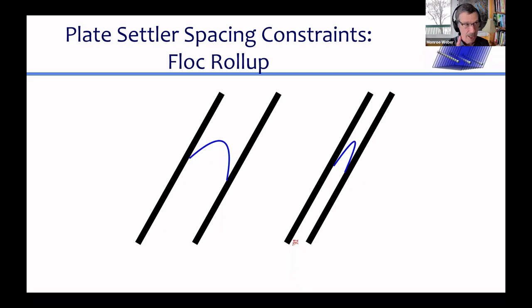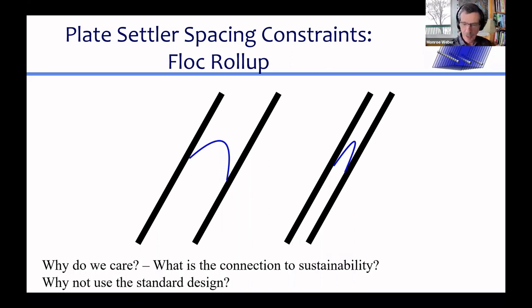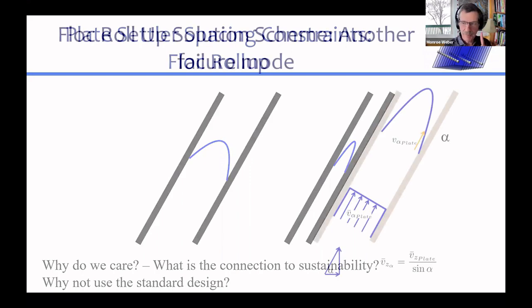And this is what determines how closely you can space plate settlers and have it work. And I'll explain why you might want to get them really close together in just a little bit. So the connection to sustainability is we can actually make a cheaper plant if we can space these plate settlers closer together. And I'll show you that eventually.